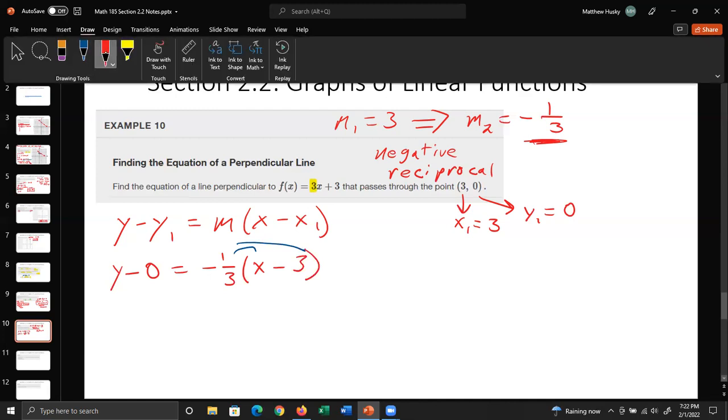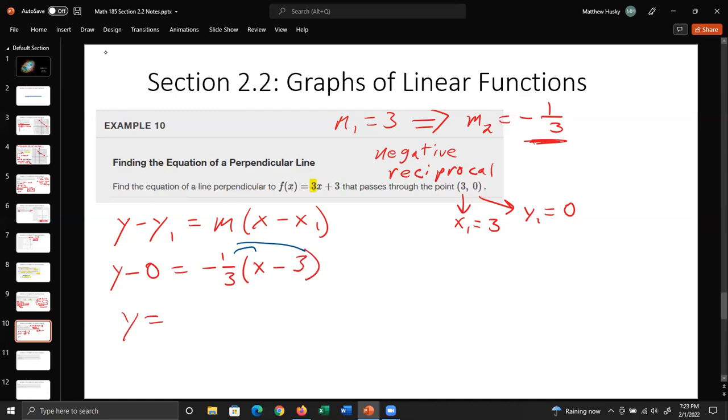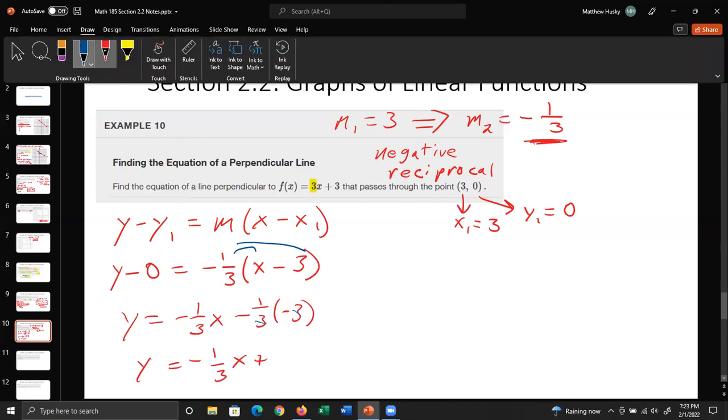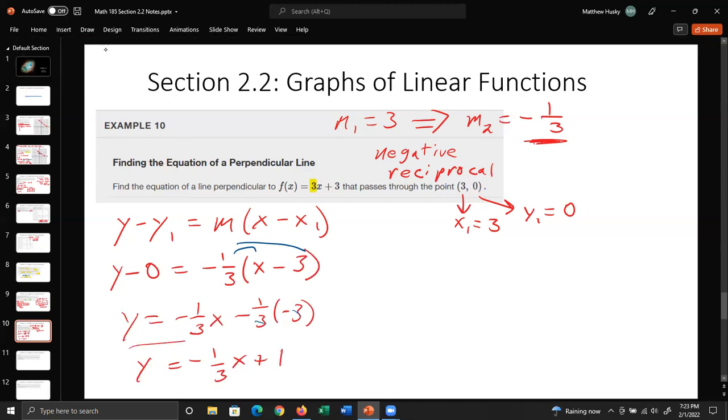This is y equals -1/3 x, and then -1/3 times -3; two negatives give you a positive, and 1/3 times 3, the 3 cancels with the 3 and leaves you with just 1. That's y equals -1/3 x plus 1. So there you have it. That is the equation of a line with that point on it that is perpendicular to the original one they gave us.